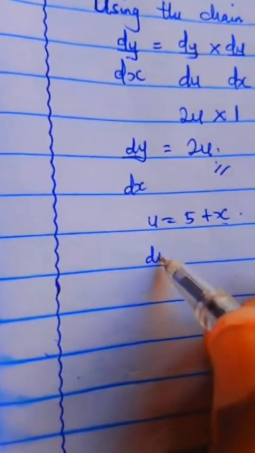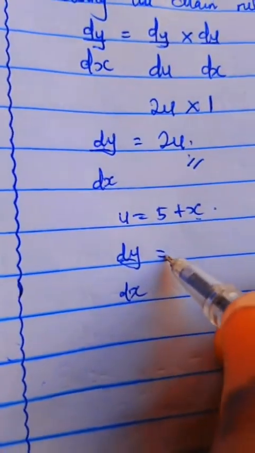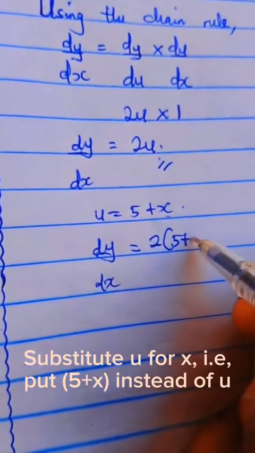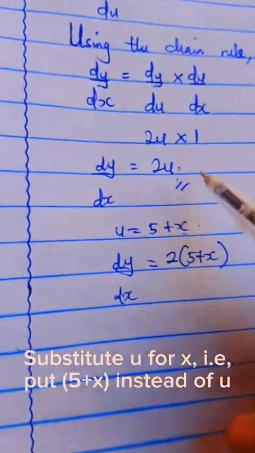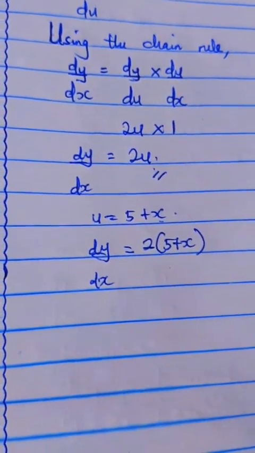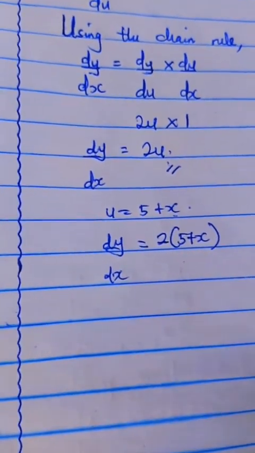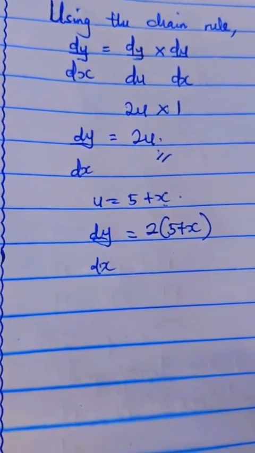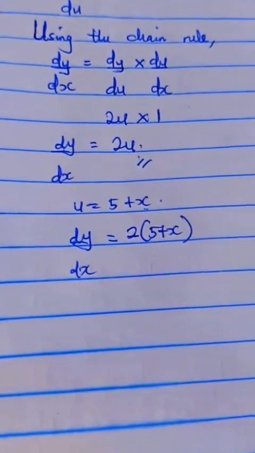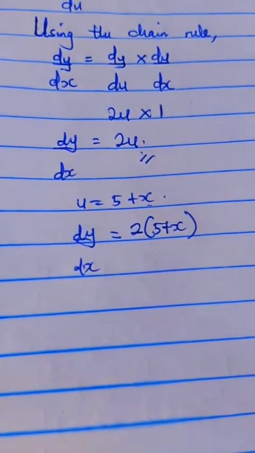So dy over dx is simply giving me, don't forget I said 2u here, and our u is 5 plus x. So simply put, I'll have 2 into 5 plus x, using the chain rule. This is simply the concept of the chain rule. So we've expressed u back in terms of x.